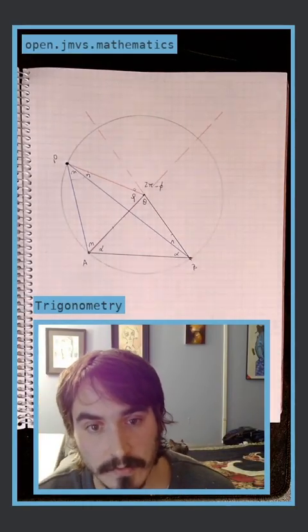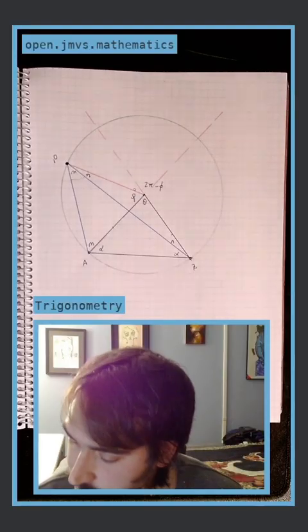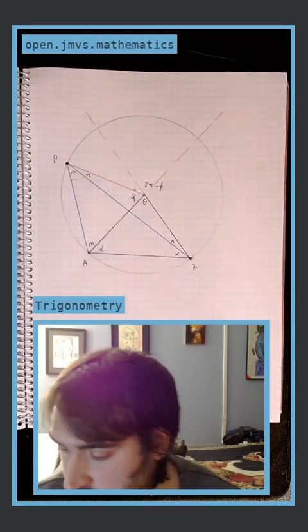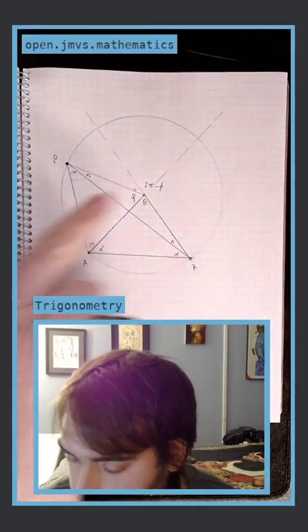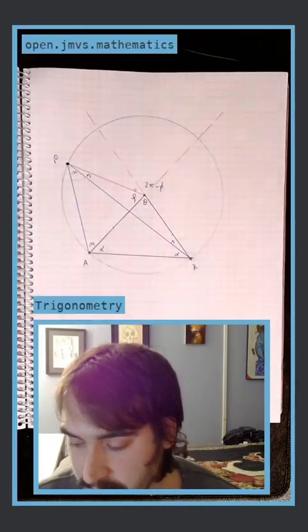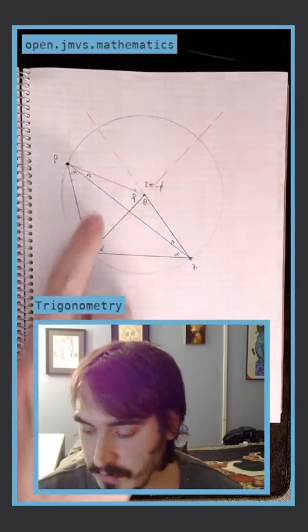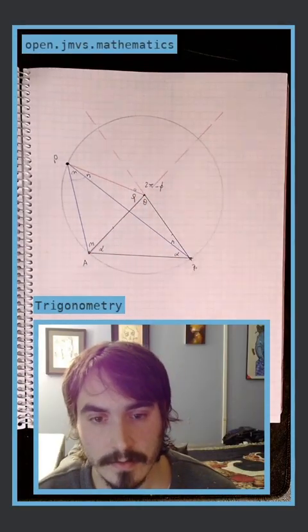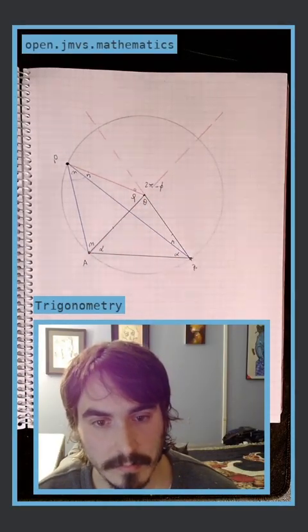Okay, so let's take down some information again. We know that, again, phi plus N, C plus M, and theta plus alpha all equal pi, right?